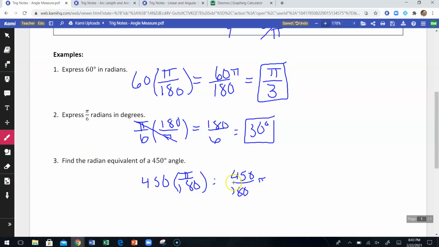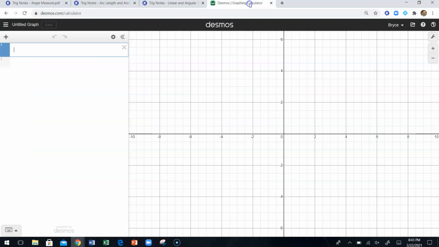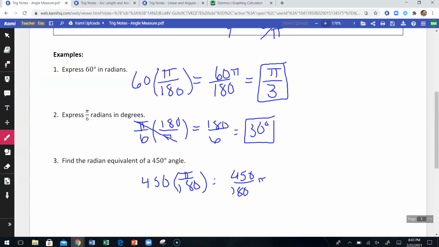And then my suggestion here, if you don't know how to reduce this, so let's say you don't know how to reduce 450 over 180, in a graphing calculator, and I'm looking specifically at Desmos here, I'm just going to type in that fraction without the pi. So 450 divided by 180, and then if I click this button, it will turn that into an improper fraction for me. So that's 5 over 2. So that tells me that 450 over 180 reduces to 5 over 2.